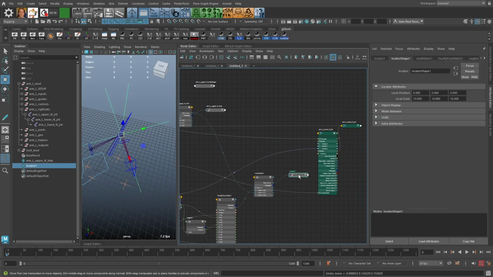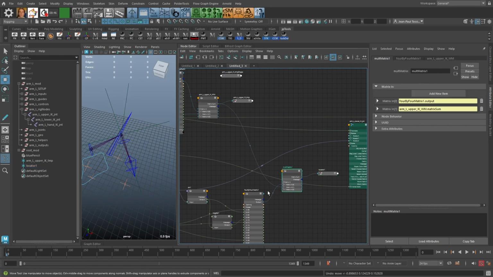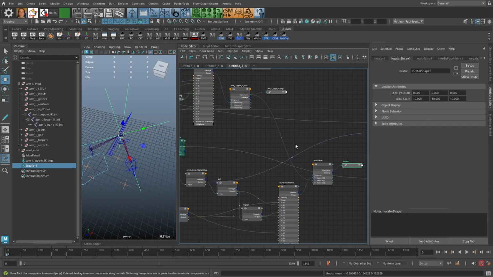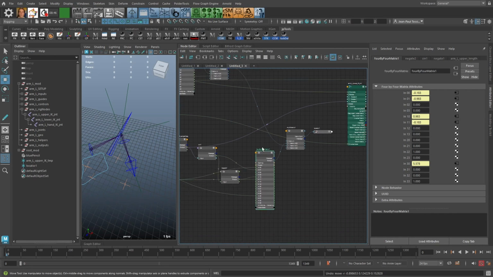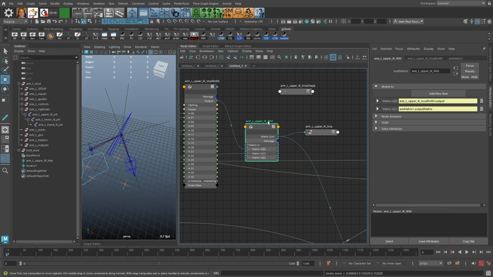So now we have a locator that is the lower arm. If we multiply its local matrix with the parent matrix, we get its world matrix, and we still have the local matrix because we're going to use the local matrix for blending between IK and FK. So it's nice to have this. So let's call this, I call this upper IK world matrix.